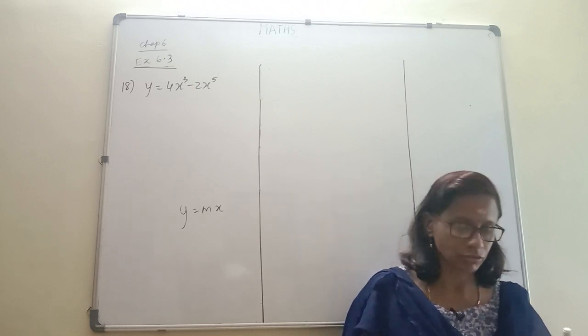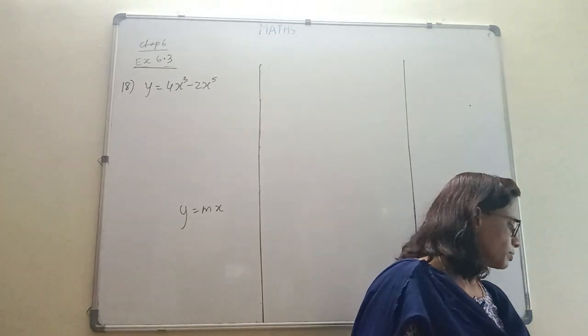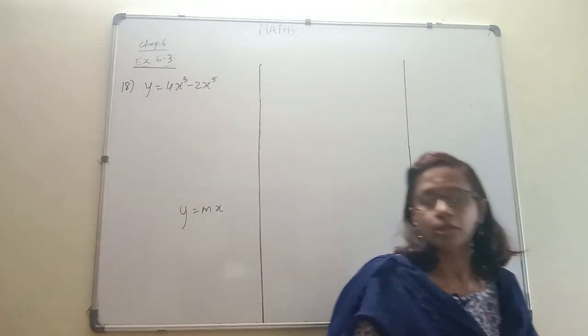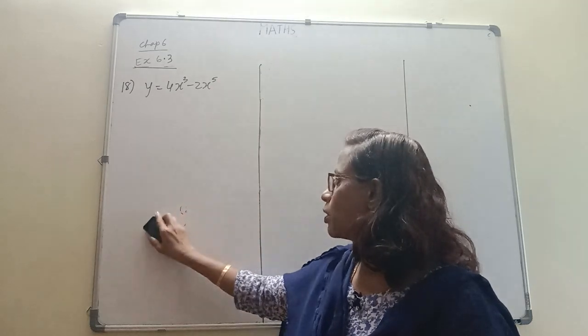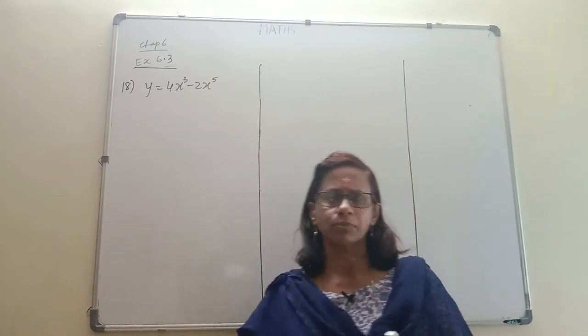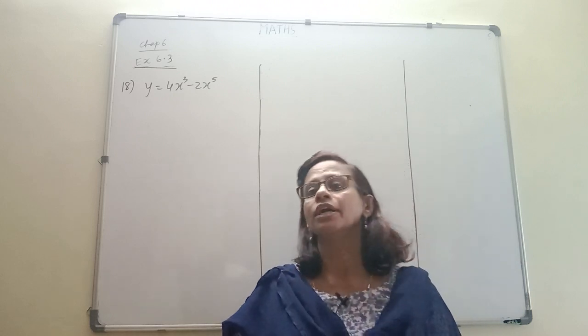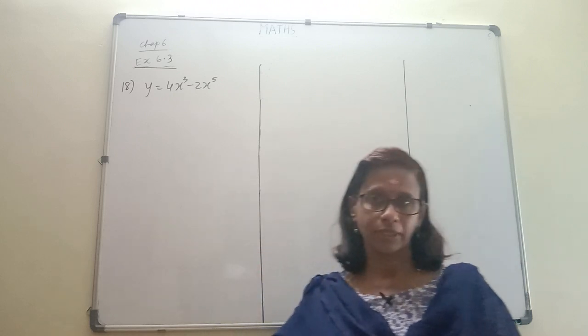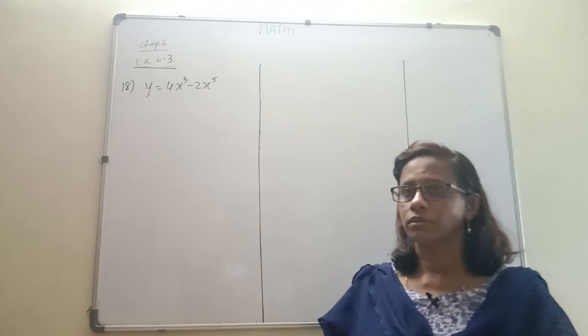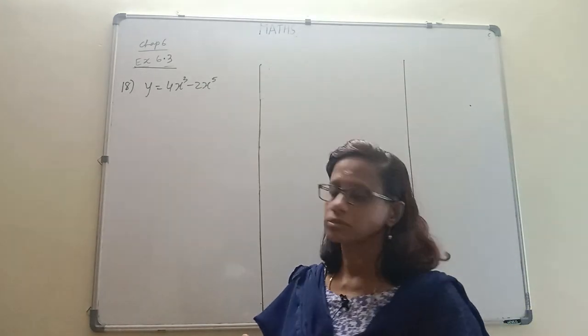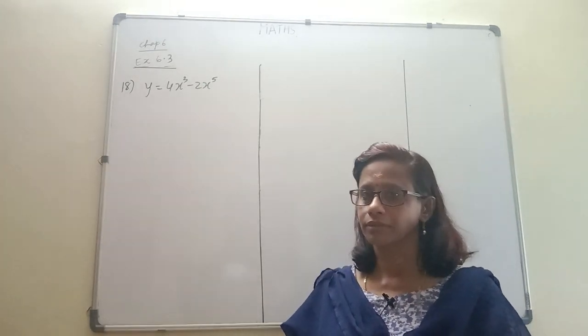It can happen at multiple points, or maybe at a single point. You don't have to find the equation of the tangent, you only have to find the point on the curve where the tangent will pass through the origin. So let's see how that can happen.